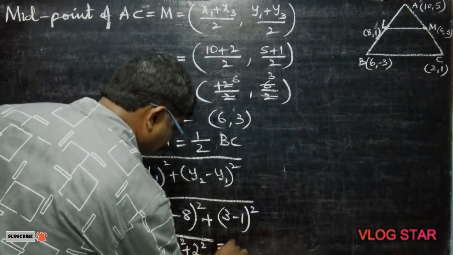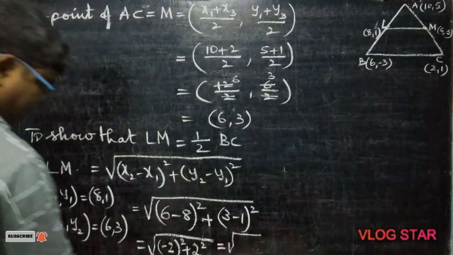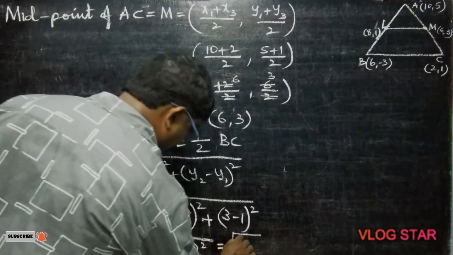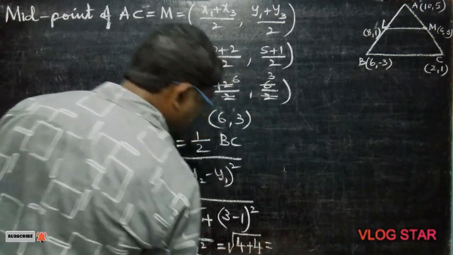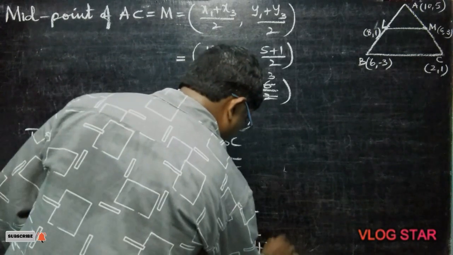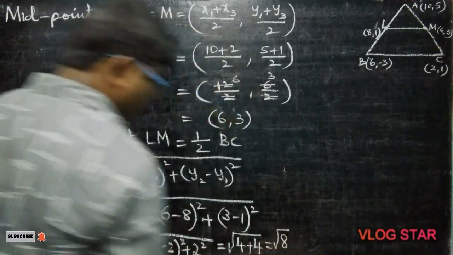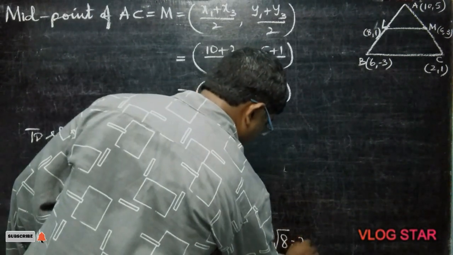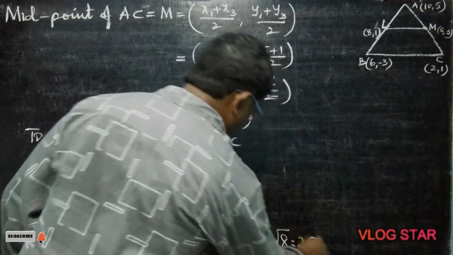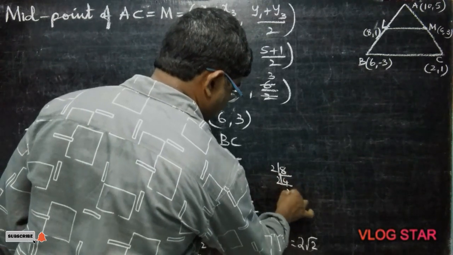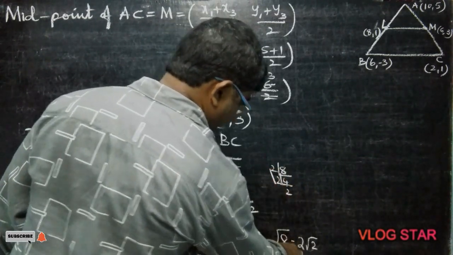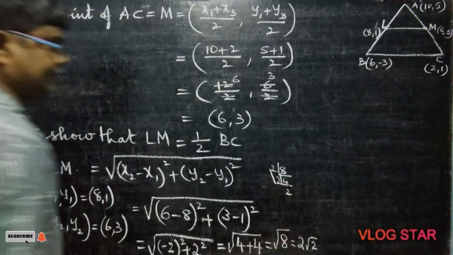That is equal to square root of 4 plus 4. That is equal to root 8. Root 8 we can write as 2 root 2. How? For 8, find the factors. 2 goes 4 times, 2 goes 2 times. For these two 2's, one 2 will come outside and one 2 will remain inside.